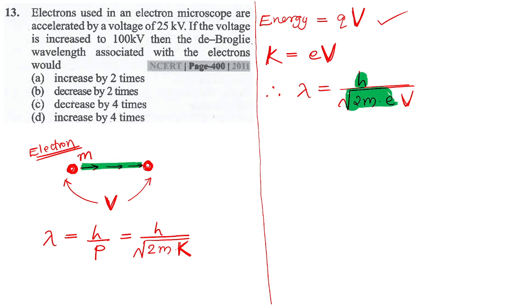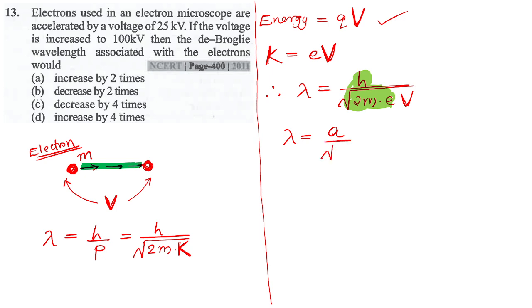For our convenience, let me denote h by root of 2me by some letter, say A. Root V is still inside the square root.